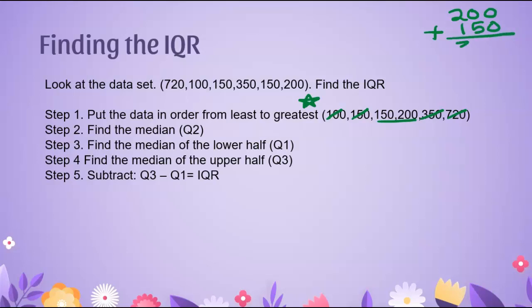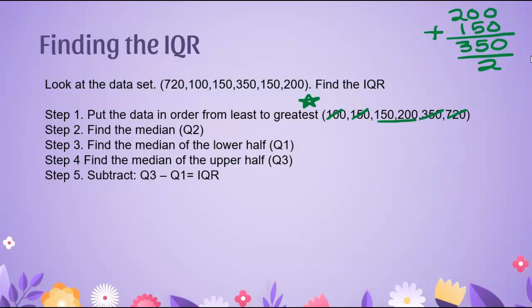So we get 350. But then we have to divide that number by 2. So when I get my calculator, I put 350 divided by 2. I get that number as 125.